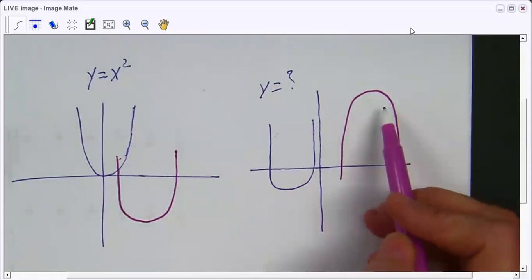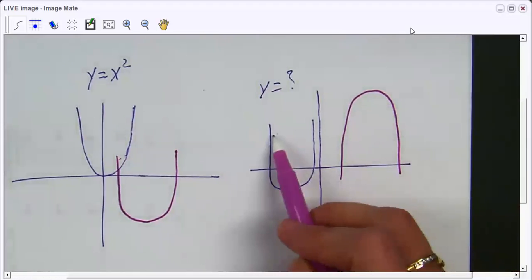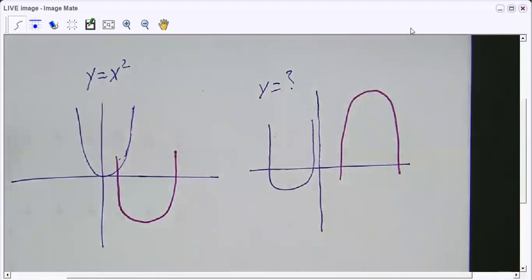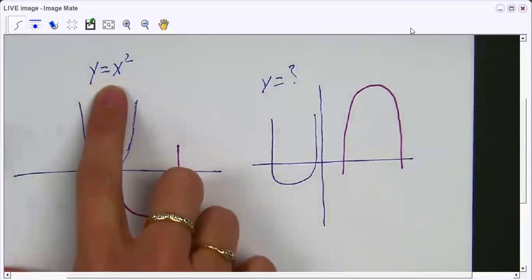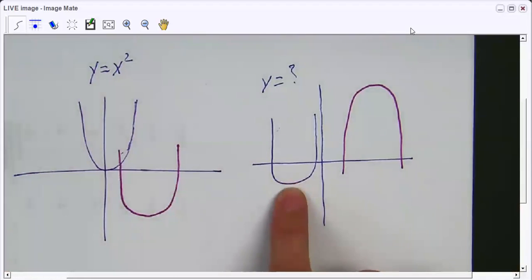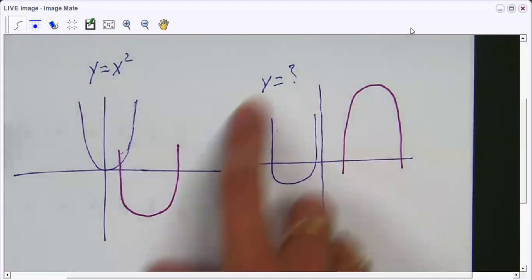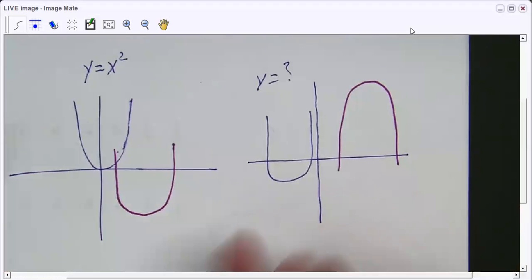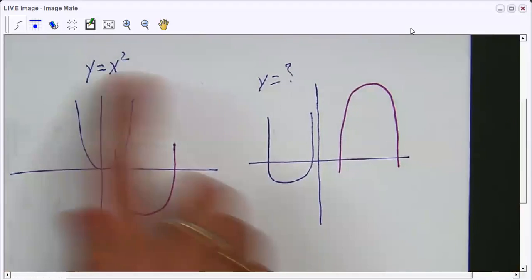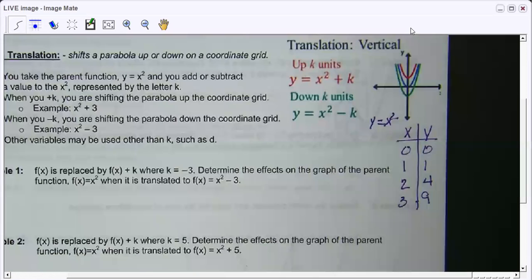This is my transformed function. Typically when we say parent function, the parent function is always y equals x squared. But if it's asking you to transform something that looks like this, then this would be your parent function. But if I ever said graph a parent function, I'm asking you to graph this. All right, let's go on.